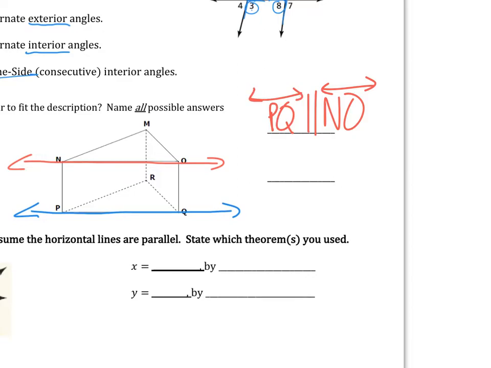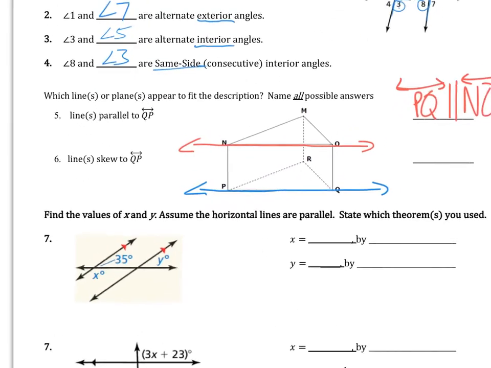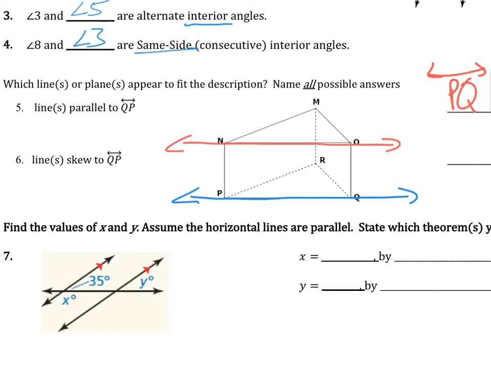So NO is parallel. Now, which ones are skew to QP? All right, well, skew means they don't intersect, but they're on different planes. They're not parallel. Okay, so that blue one is skewed to MO.